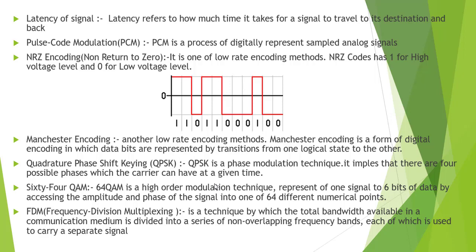It implies that there are 4 possible phases the carrier can have at a given time. Then 64 quadrature amplitude modulation allows one single radio wave to represent 6 bits by manipulating the amplitude and phase of the radio wave into one of 64 discrete measurable states.